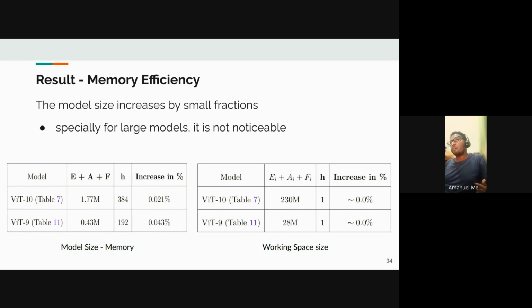So if the transformer has a hidden vector of 768, then the memory addition would be 768 parameters, because that's the number of parameters that you need. So this is for small models, and this is for large models. When it's a large model, the number of parameters added is very small, so it's very close to 0%.